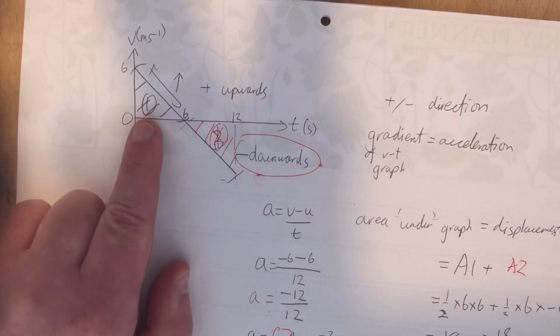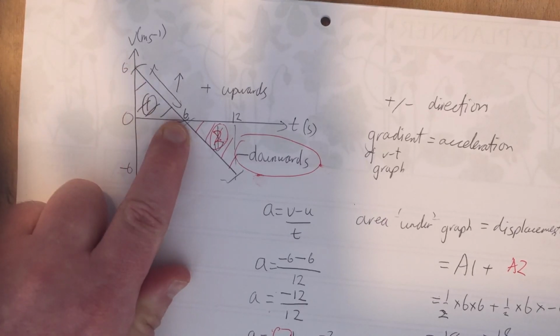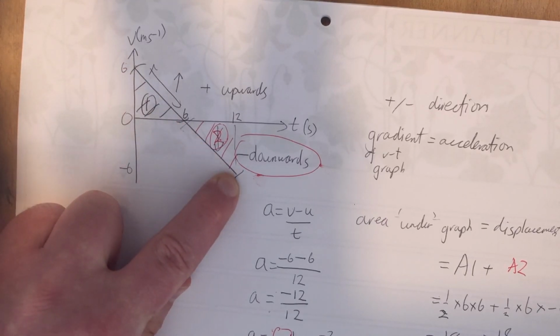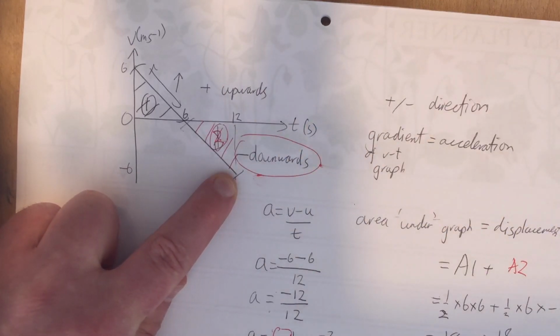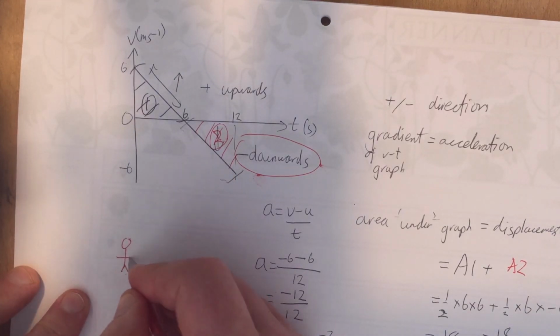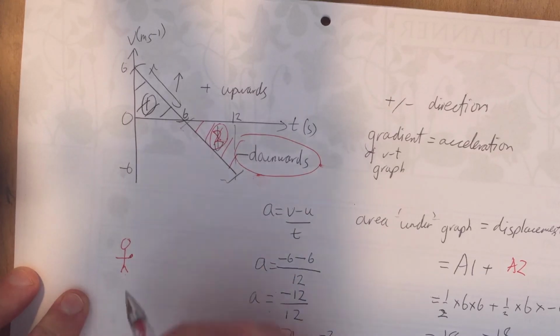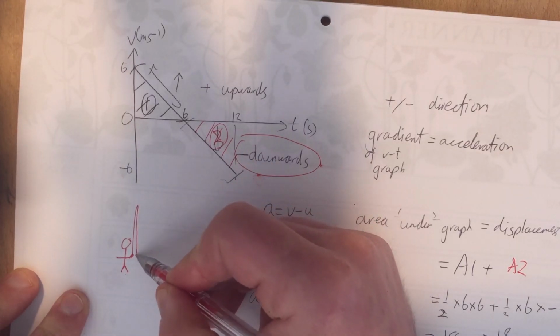What does this mean? Well, if you're throwing something up in the air and then it comes back down the way, then it might finish, in this case certainly, it finishes at exactly the same place. This is actually a graph, and we'll come on to this later, for a ball being thrown up in the air and coming right back down to someone's hand.